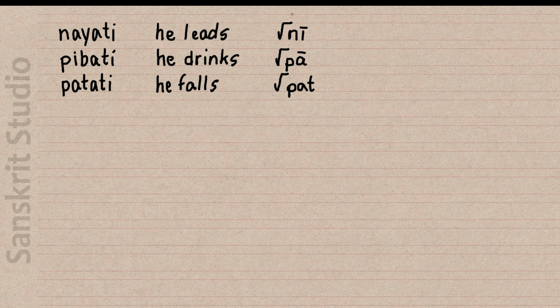If you need to see synonyms, what the word could possibly mean, other than, for instance, he leads or he drinks, he falls. All right, so we have a basic idea here that nayati is he leads, pibati is he drinks, and patati is he falls.